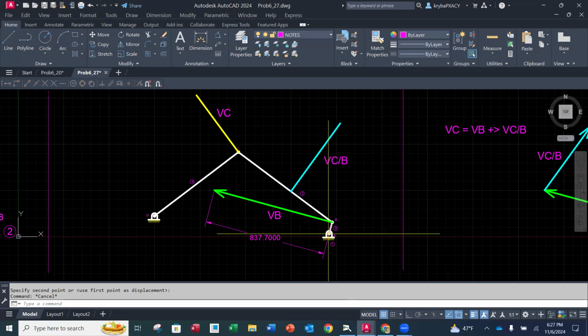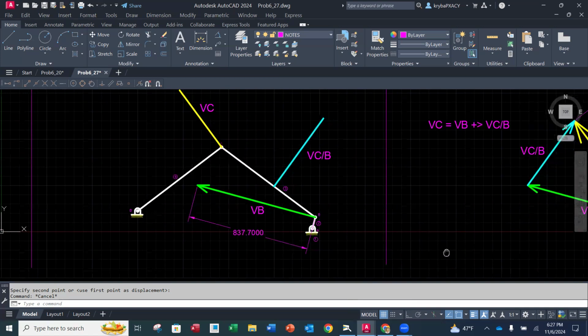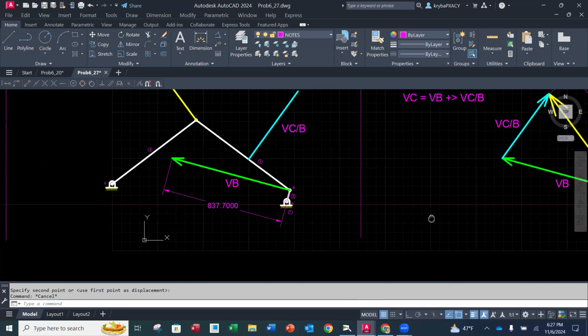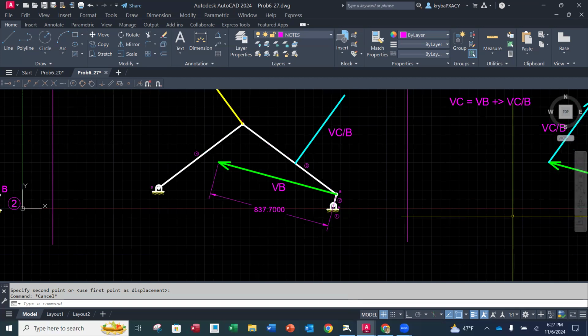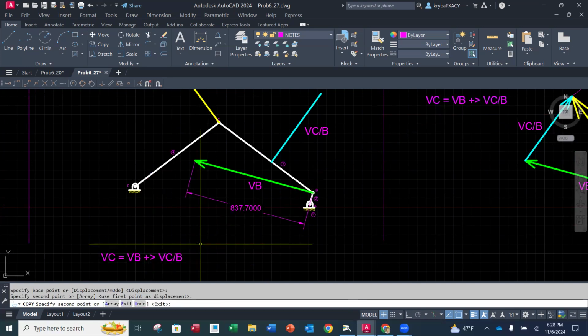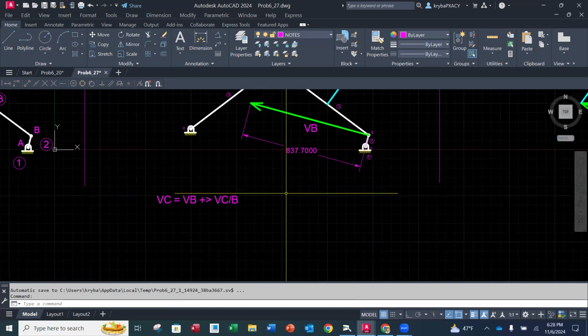Now, once we have our velocity lines of action and our known velocity, in this case VB, all set, we're ready to do our vector diagram. So I'm going to do this down here again so that you can see the process that I went through. I think that's important. So I'm just going to copy my vector equation down here.